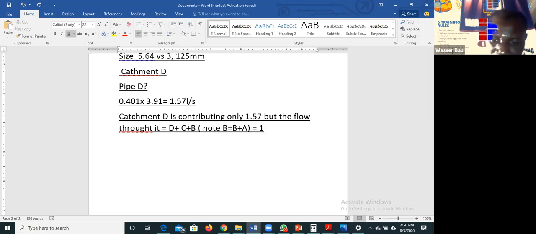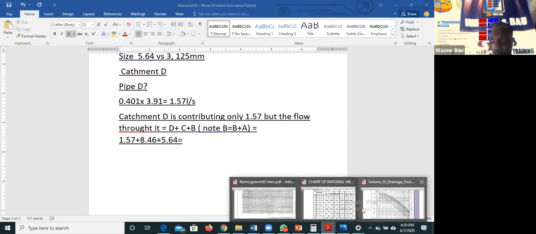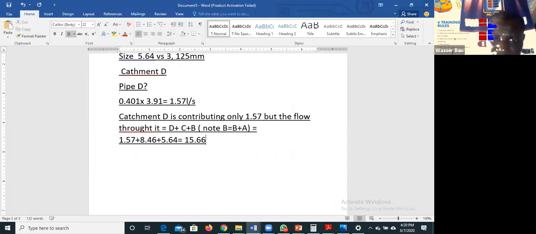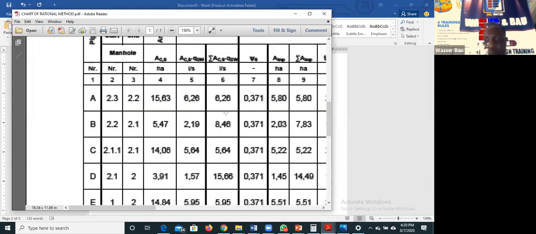That will become 1.57 plus 8.46 plus 5.64. And that will give us, please, can somebody add it together? What did you get? You get 15.66. So I'll go to my calculation sheet and write it here.